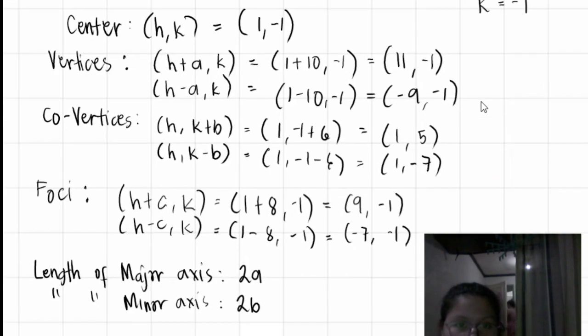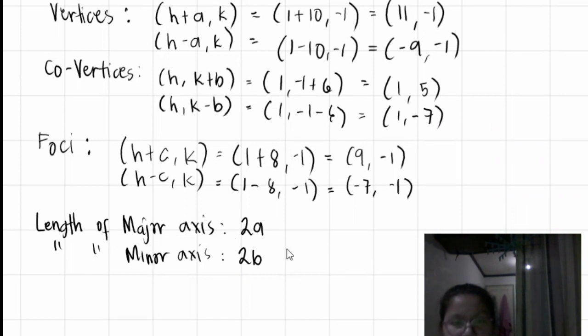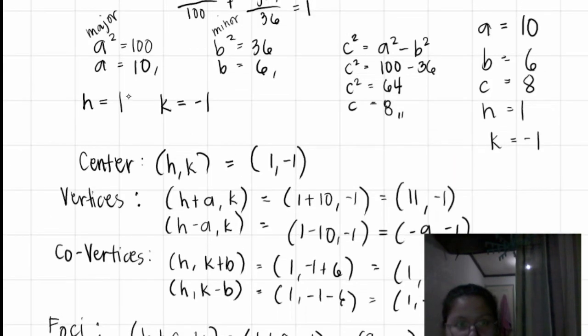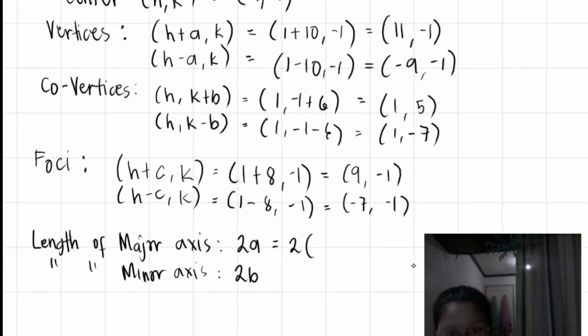Okay, so balik tayo dito. Kunin natin yung major axis, which is 2 times A. So, 2 times A, ang A natin is 10. Ayan, A. So, 2 times A, or 2 times 10 equals 20. So, ito yung ating length. Length yan yung haba ng major axis.